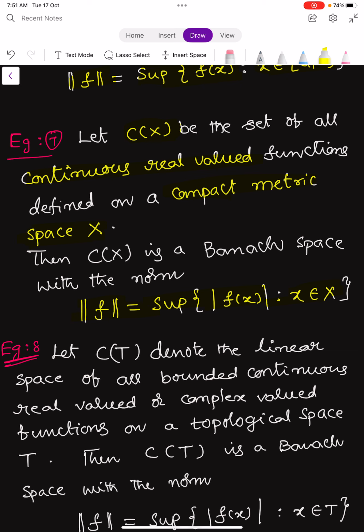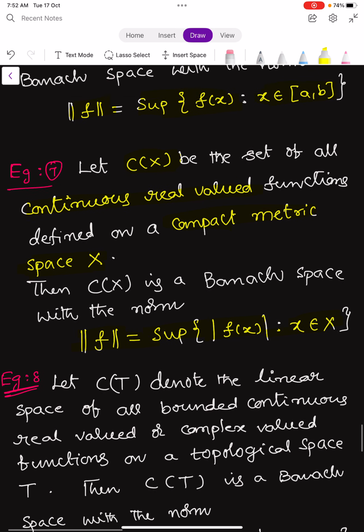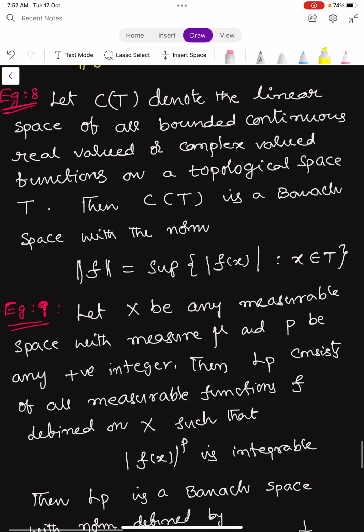The set of all continuous real valued functions defined over a compact metric space, both are Banach spaces with the metrics defined in the same way. The main difference in the examples is here the closed interval [a, b], and here the compact metric space X. That's it. We go for the next one, which depends upon a topological space.